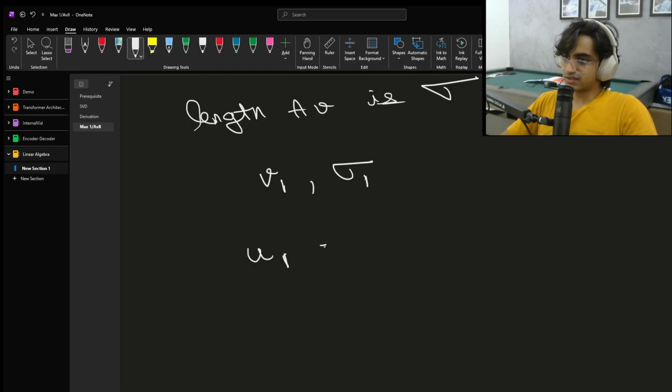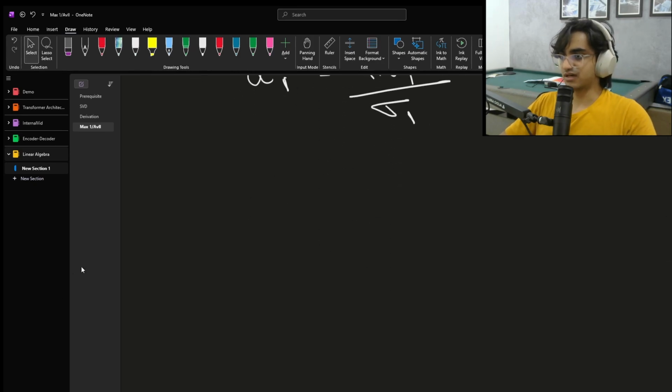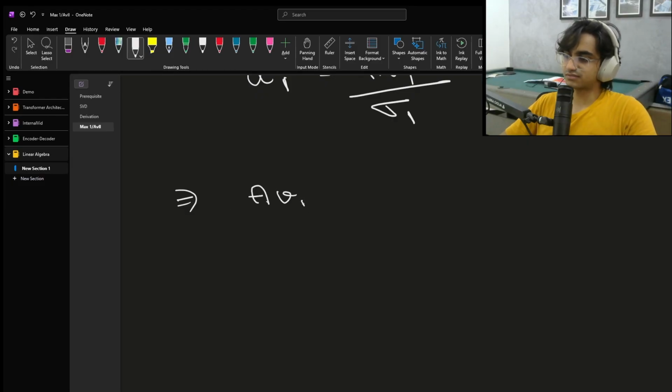So we know U1 has to be orthogonal, which means it has to be of unit length. So we know U1 will be equal to AV1 divided by sigma 1. Now if you just rearrange this, we get AV1 is equal to sigma 1 U1.